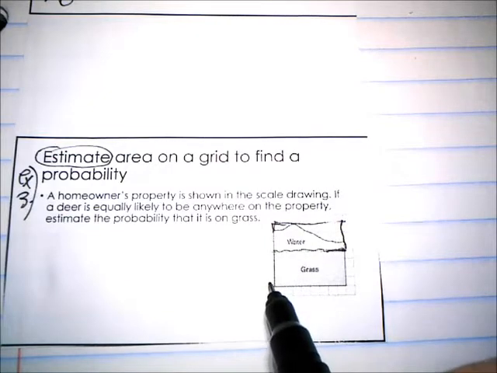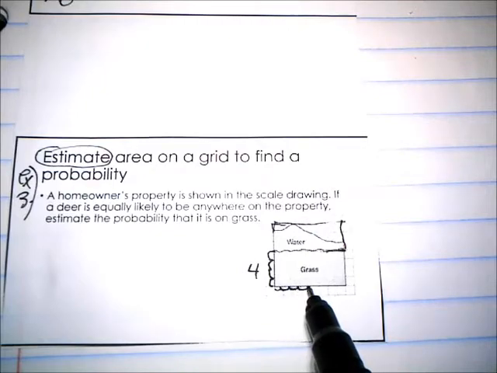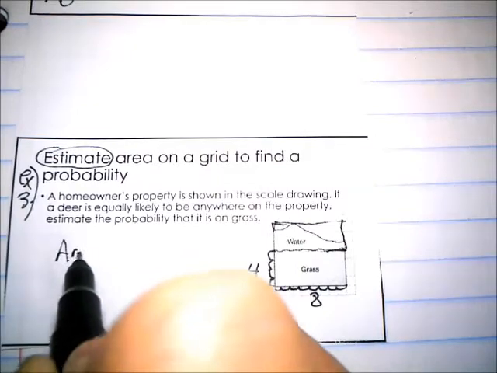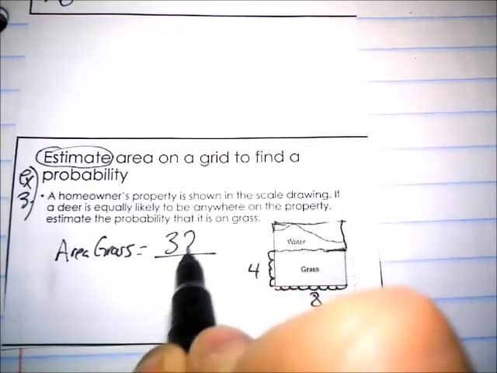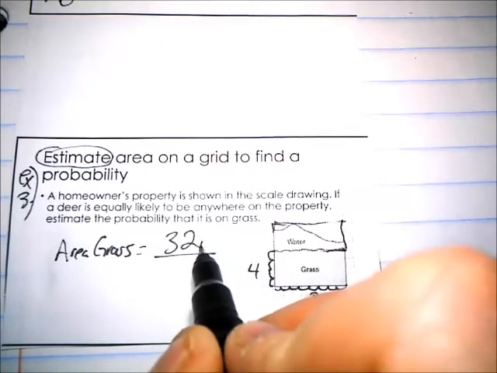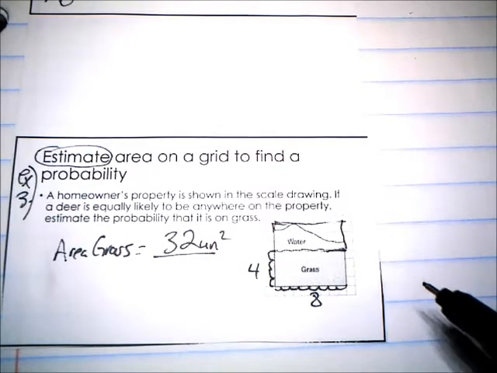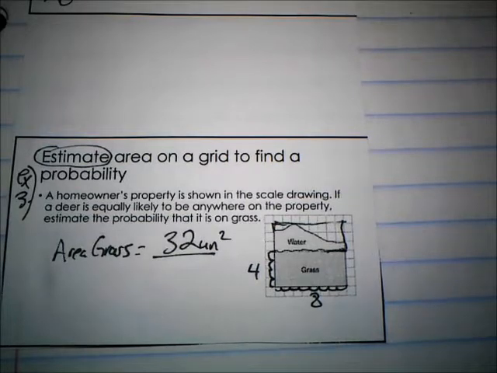So the area of my grass is going to be 32 feet squared, or 32 units squared. I don't know if it's feet or inches. And then the likelihood, because it says anywhere on the property, I look at the entire property.